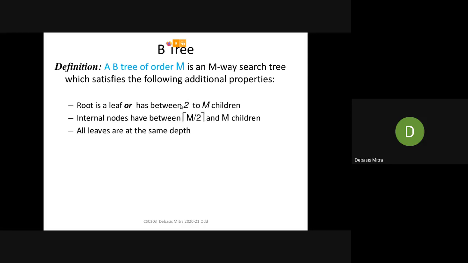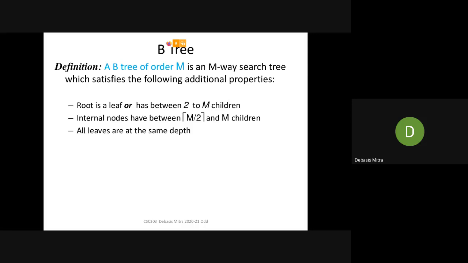Because what we see is that if we don't keep a minimum or lower limit for a particular node, on how many children it must have at least, then this tree will become very stray and we lose the balancing or height balancing property.